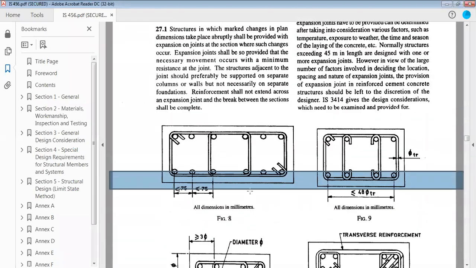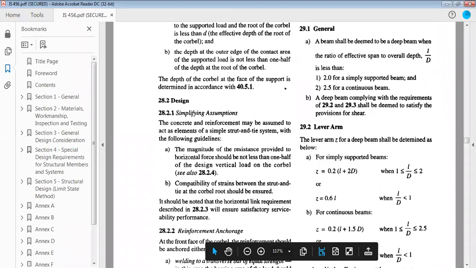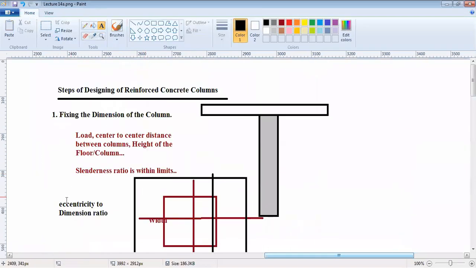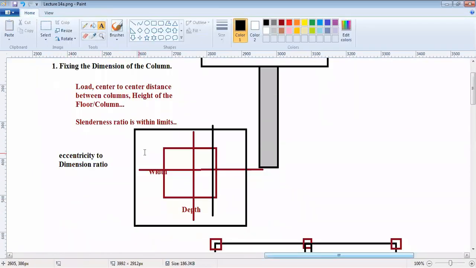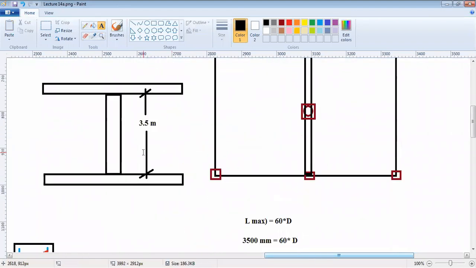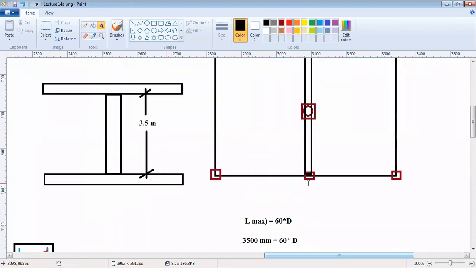So I was discussing the eccentricity to dimension ratio of the column, and this depends upon, as per code, L maximum to be 60D. I'm repeating this for those who did not understand. L maximum is 60D, and this requirement of unsupported length is provided by the architect.